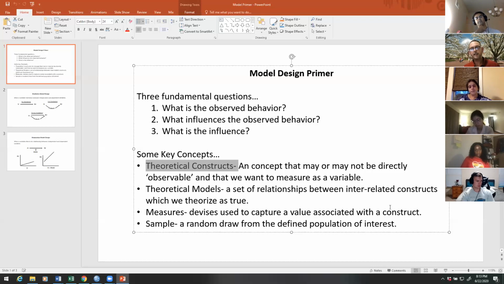In the factor analysis we just did, fashion was a construct. It was an idea, a concept that we wanted to try to measure. Whether someone's fashionable or not is really not observable. I could look at somebody and I don't know whether they're fashionable or not. I guess I could see what they have on.